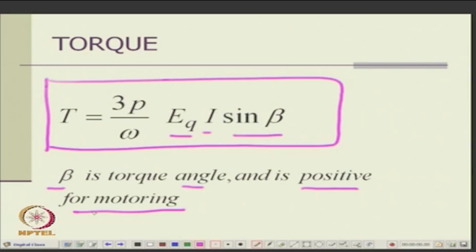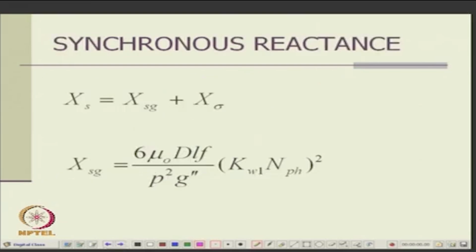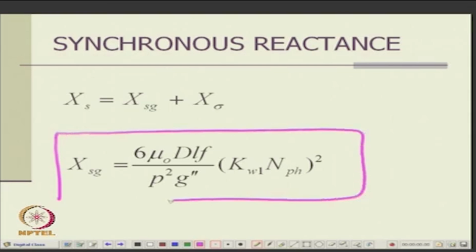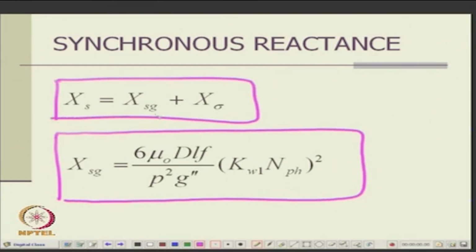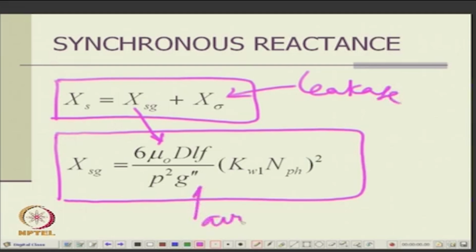And this is the synchronous reactance, which includes the flux due to the air gap and the leakage. This part is only due to air gap flux.